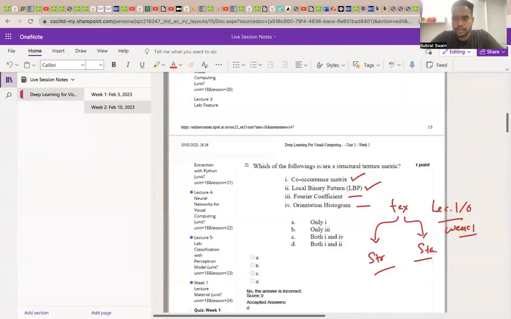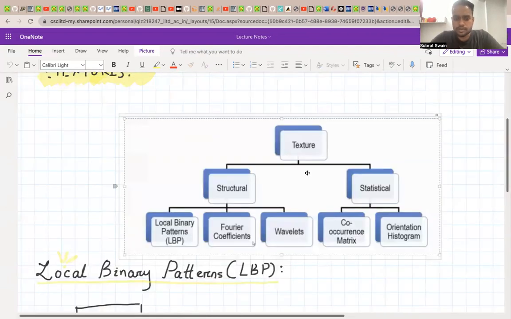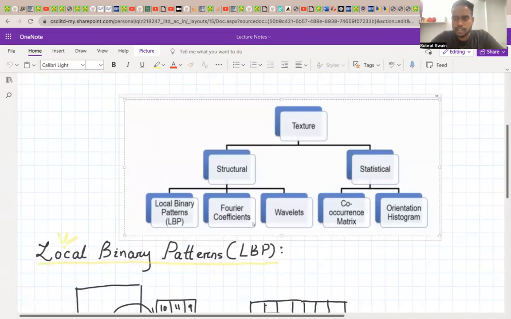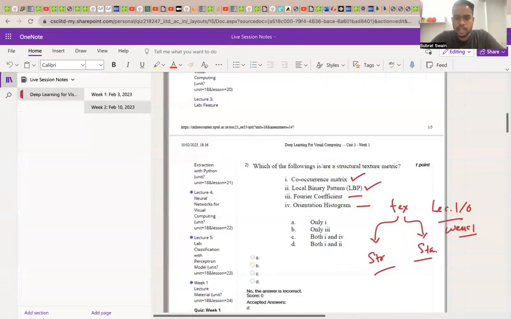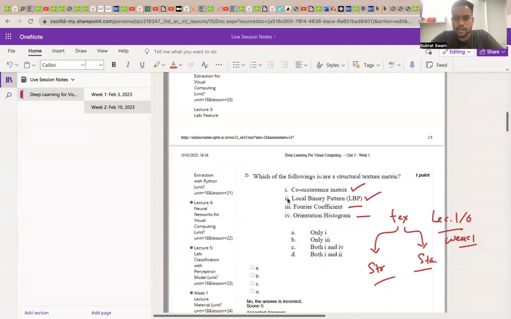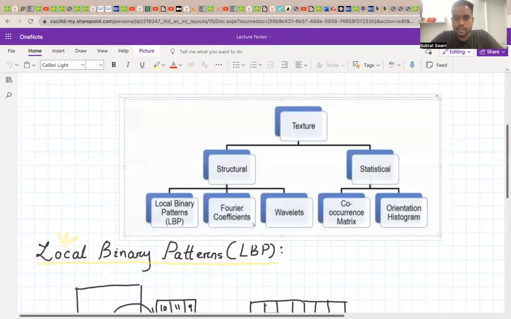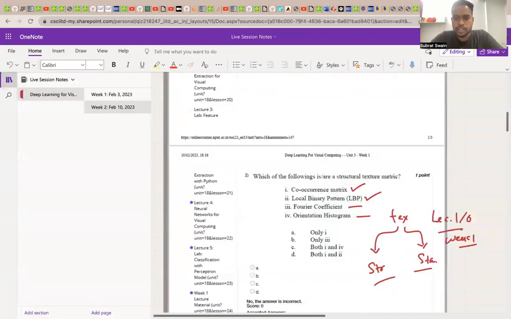Actually, I also thought this must be the answer, but I couldn't recall what it was. The structural ones should be local binary patterns and the Fourier coefficient, so the second and third, I guess.